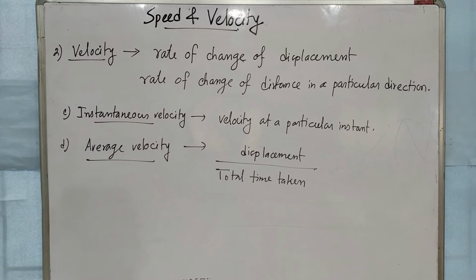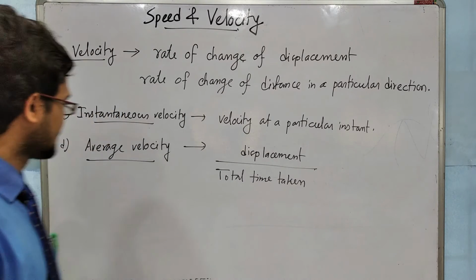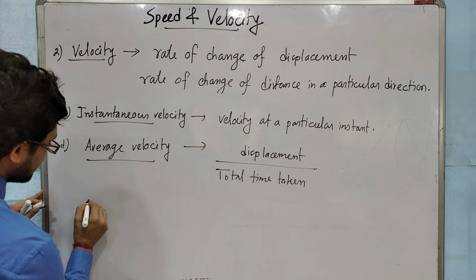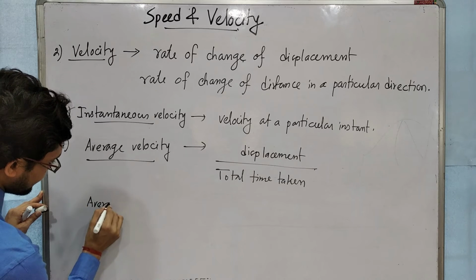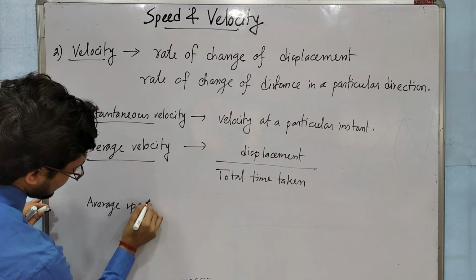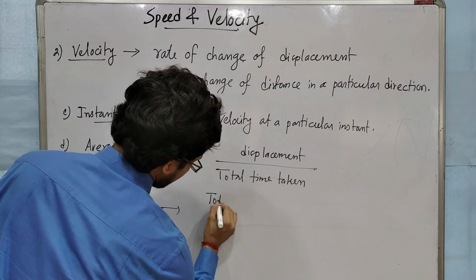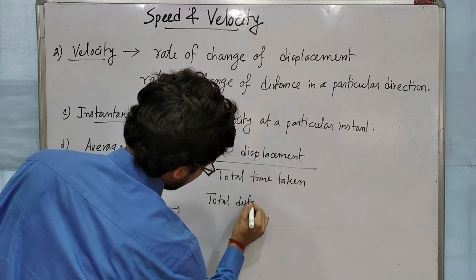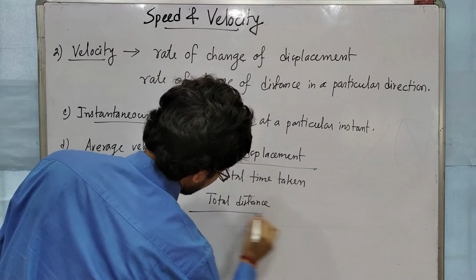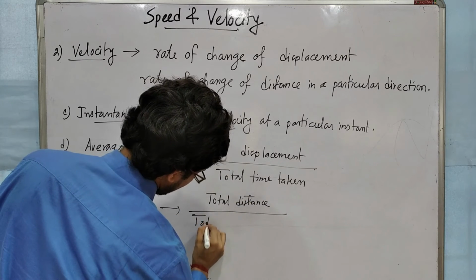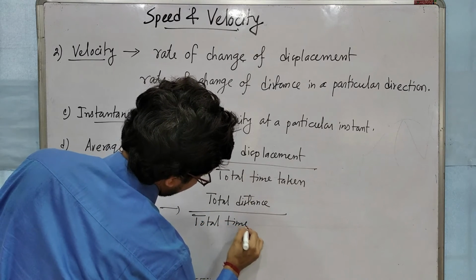And in average speed I wrote that it is total distance by total time interval.